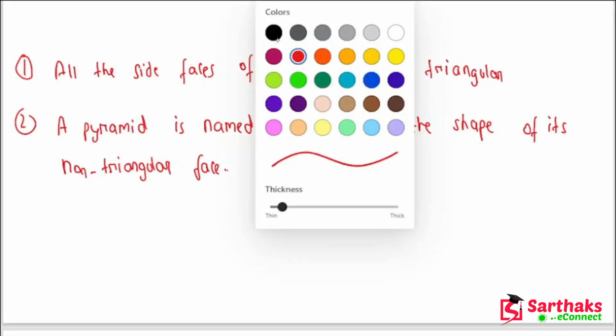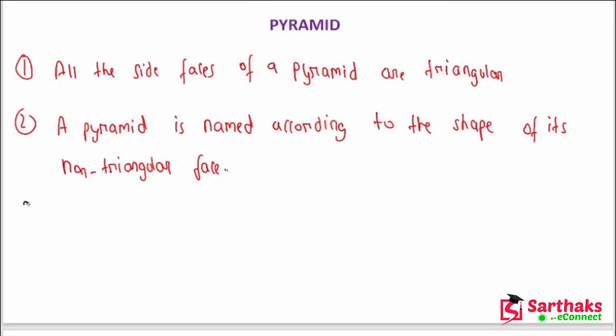And the third point is, if all the faces, be it the base also, are triangles, then it is called a triangular pyramid, or you can say tetrahedron, like we have seen octahedron.